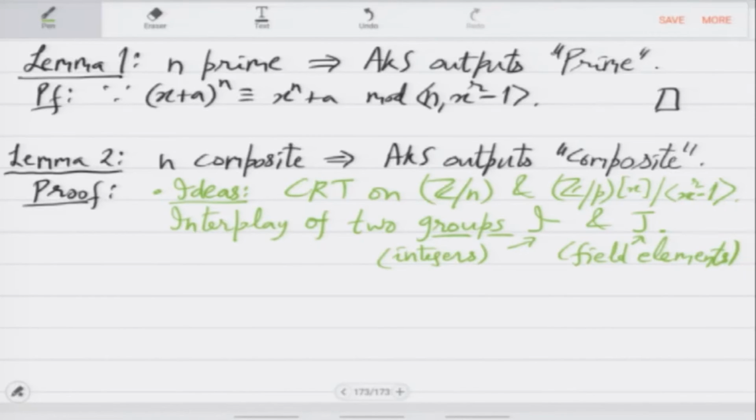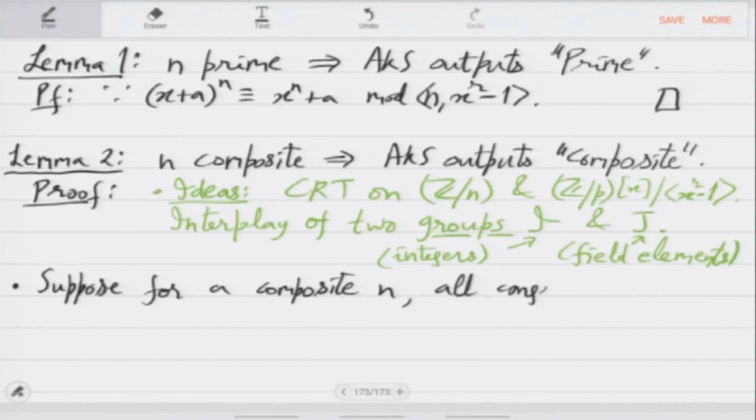So let us see how this works. It's a proof by contradiction. Suppose for a composite n, all congruences in step 4 pass.